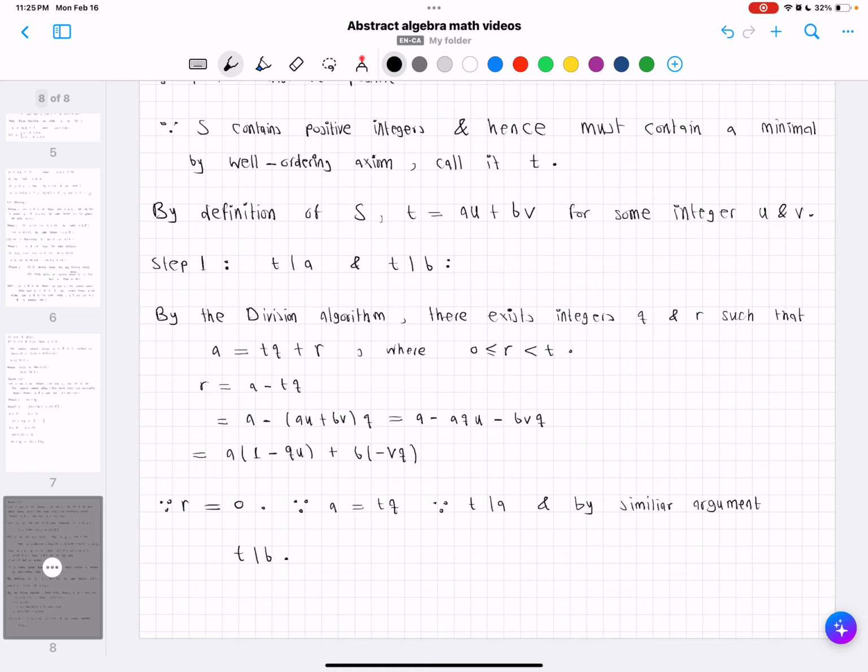So T is a common divisor of both a and b.